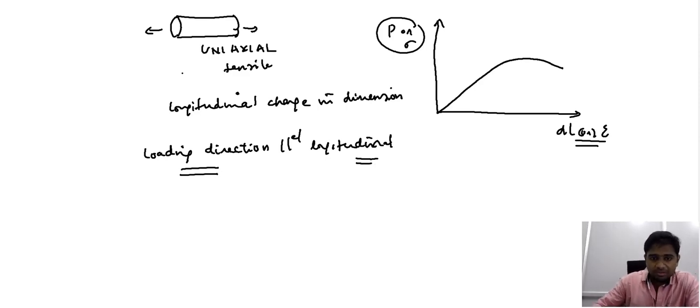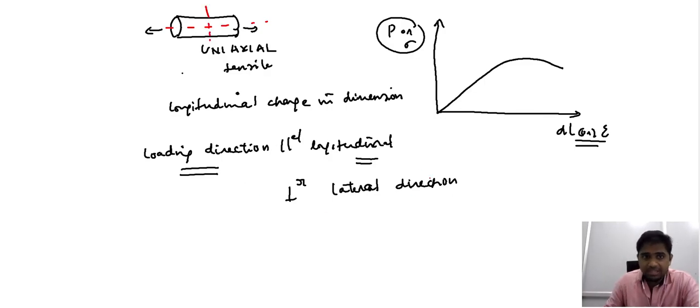However, this loading direction is perpendicular to the lateral direction or the lateral side. So if we assume this as the longitudinal axis, there is also a lateral axis, and the loading direction is perpendicular to this lateral axis. In response to this uniaxial tensile loading, there is also a dimensional change in the perpendicular axis. There is also a dimensional change in the lateral axis.